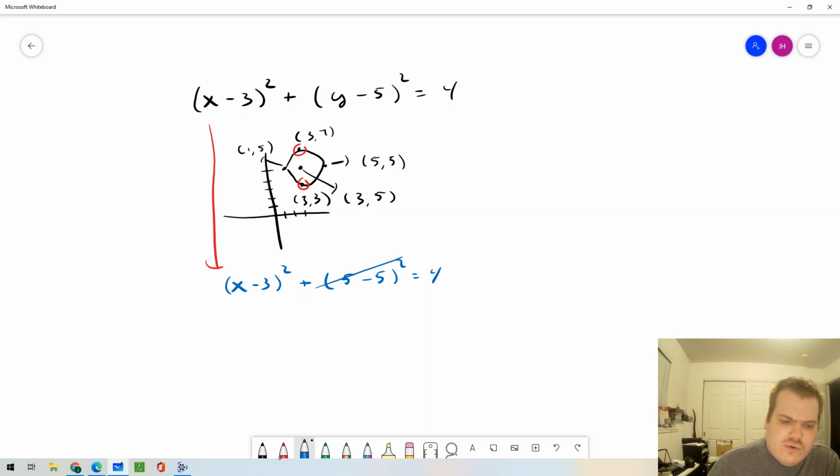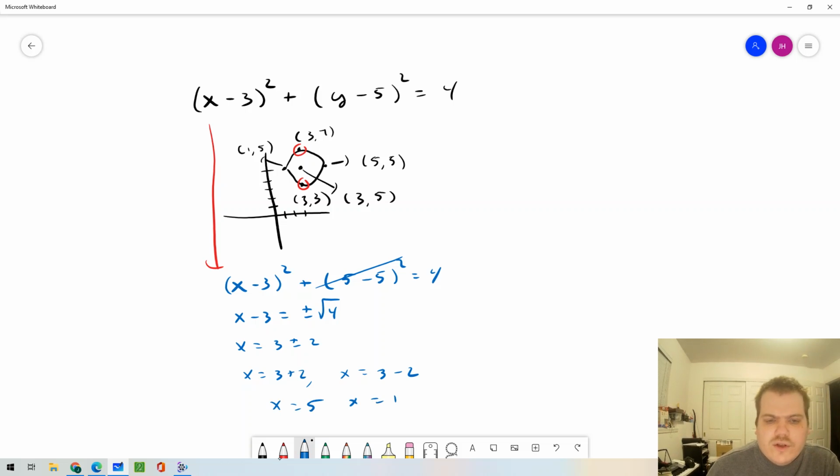If I take a square root, you're going to have x minus 3 is equal to plus or minus the square root of 4. So you're going to have x is equal to 3 plus or minus 2. That means that x is equal to 3 plus 2, and x is equal to 3 minus 2. This is x is equal to 5, and x is equal to 1. So that's when I put in 5 for the y. I'm going to expect the point 1, 5, and I'm going to expect the point 5, 5.